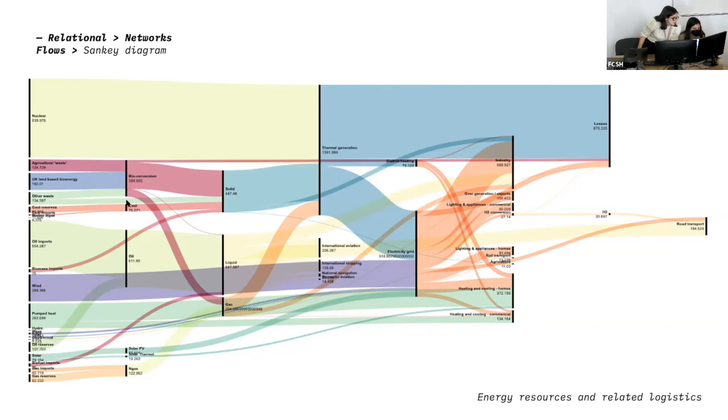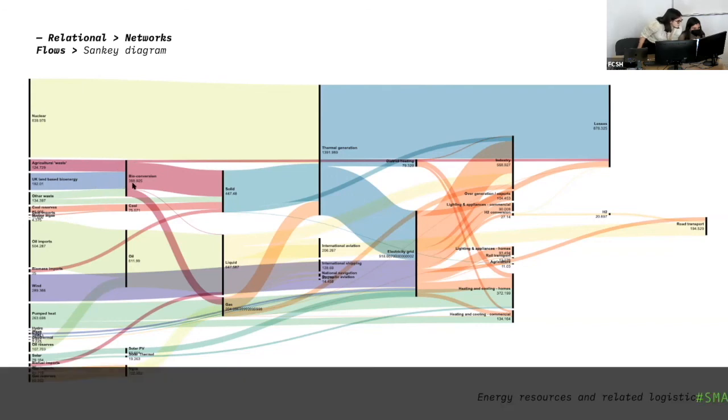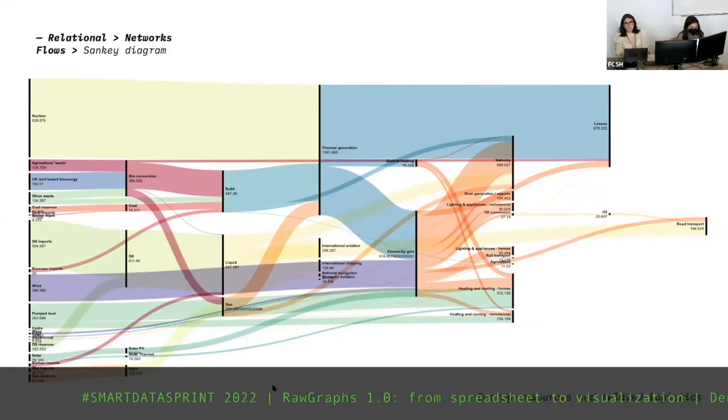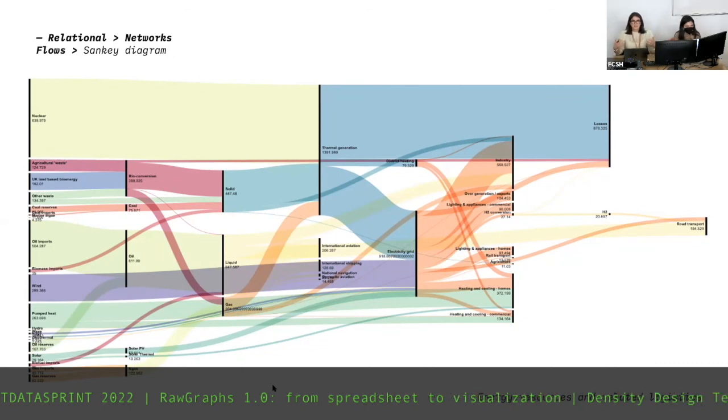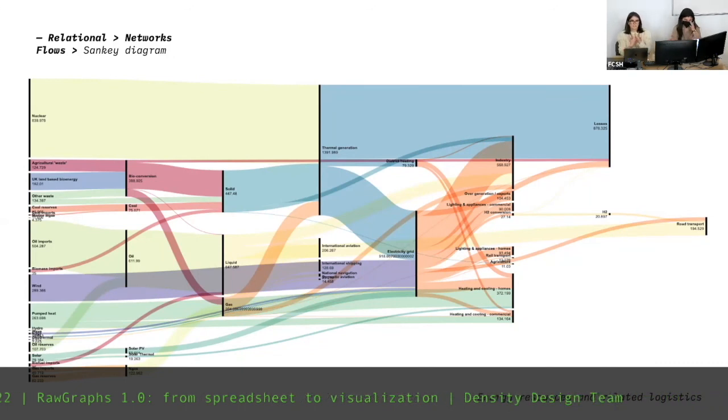So this value, the bioconversion, is split between these values here as input values. This kind of diagram is useful to see the complexity of different values that intersect and create groups and subgroups.